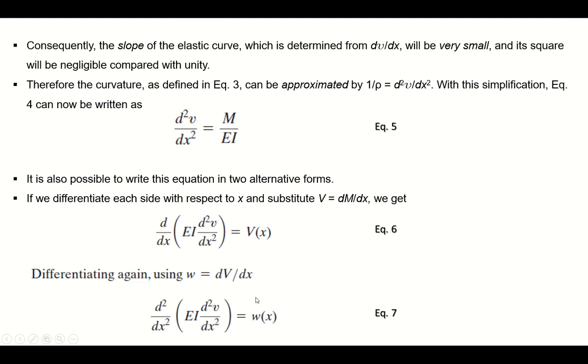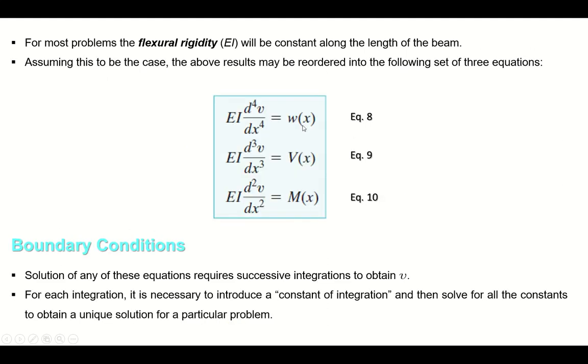So now we have three different equations: the load equation, which is d to the power 4 mu by dx4; the shear force equation, which is d cube mu over dx cube; and the moment equation, which is d square mu over dx square. As you know, EI is constant, so it is outside the differentiation because it doesn't have any effect.